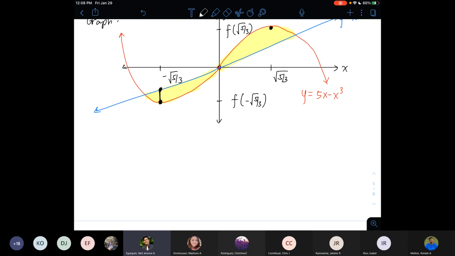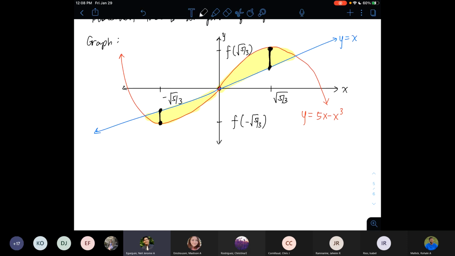However, if I imagine the vertical strip to be drawn somewhere to the right, like somewhere here, the dynamics between the two functions change, because now at this vertical strip, the upper function is the red one and the lower function is the blue one.